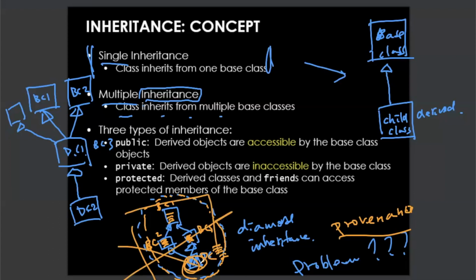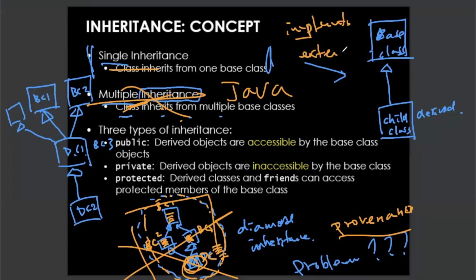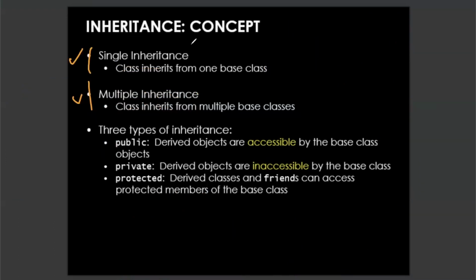This is the reason why Java completely gets rid of multiple inheritance. Java doesn't have multiple inheritance. There's only single inheritance here. Yeah, these are for data structure classes. Since we're talking about C++ here, best practice moving forward is, do not use multiple inheritance if you don't have to. Even if you use multiple inheritance, don't get into this diamond structure here.